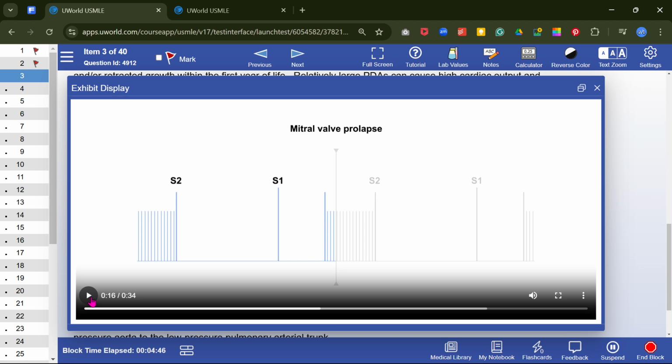Whatever sound you heard, try to remember one sound. In this sound there is no abnormality; it is continuous in manner from start to end. Listen to this, it's all the same. So it is continuous in manner, so it's PDA.